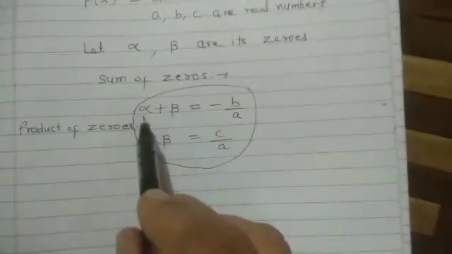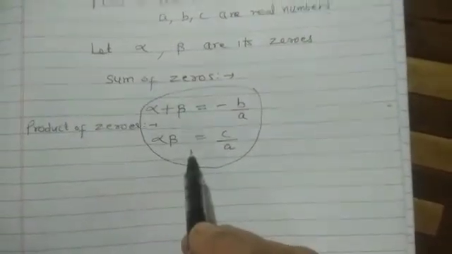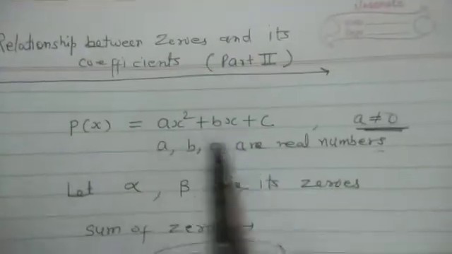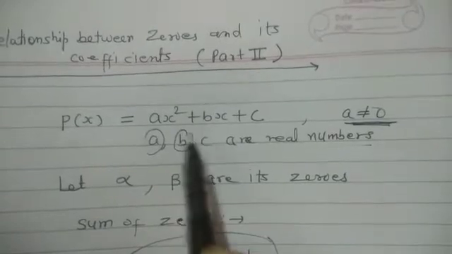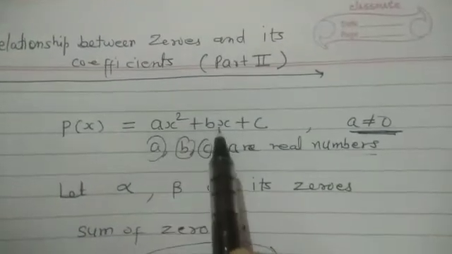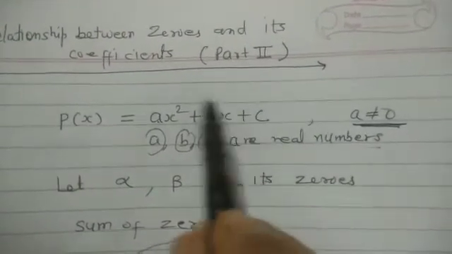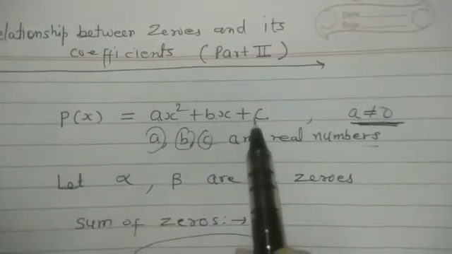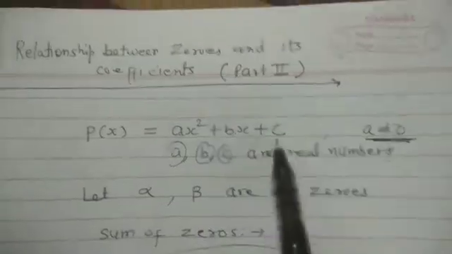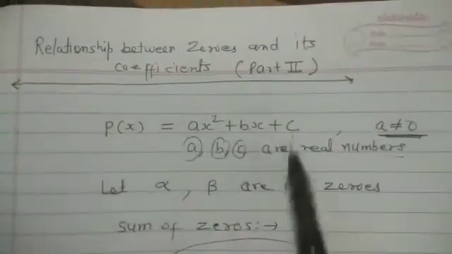Alpha and beta are the zeros of this quadratic polynomial. And what are these a, b, c? These are the coefficients of this polynomial.